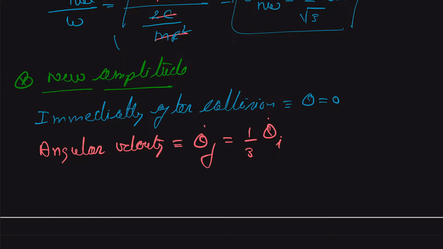In terms of theta naught, since theta is equal to 0, this comes as minus 1 by 3 theta naught times omega.